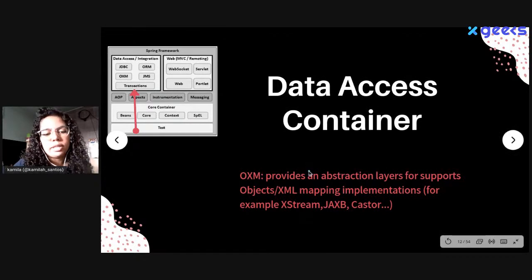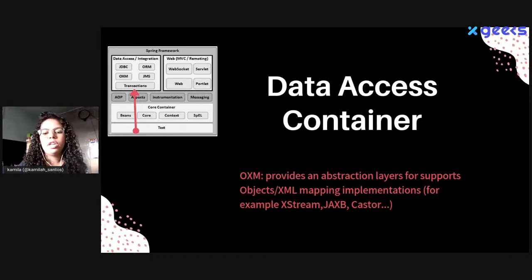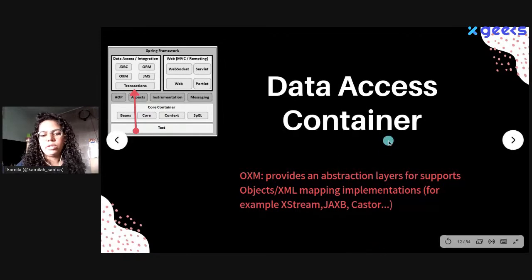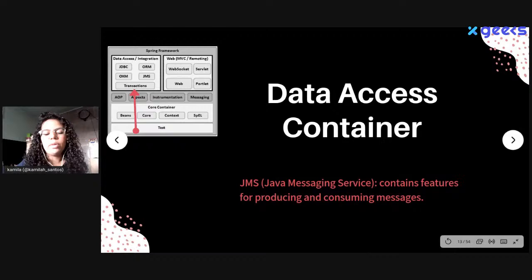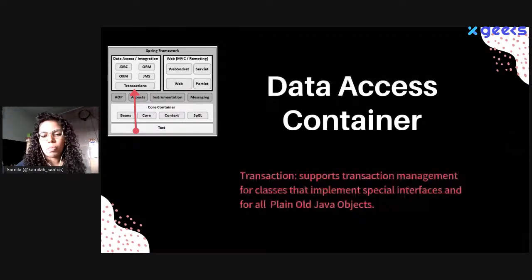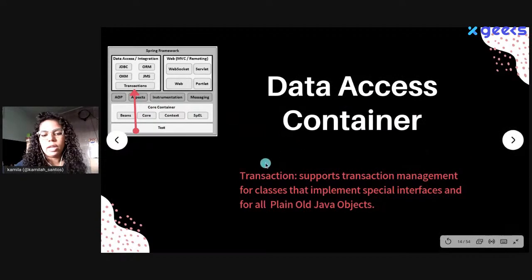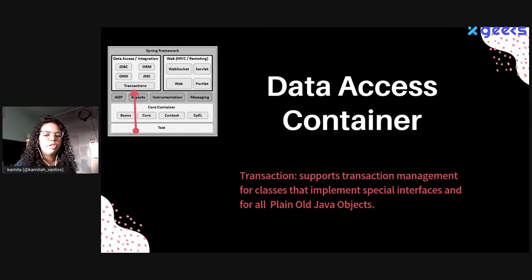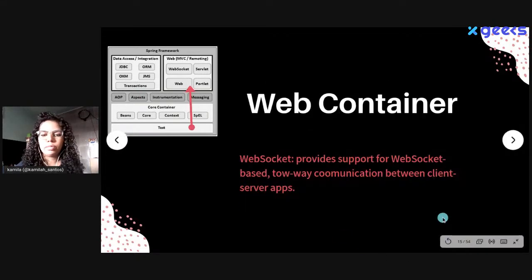We also have the OXM that provides an abstraction layer that supports object/XML mapping implementations, for example, XStream, JAXB, Castor, and others. We also have JMS, Java Messaging Service, that contains features for producing and consuming messages. And lastly, we have the transaction module in the data access container that supports transaction management for classes that implement special interfaces, and for all plain old Java objects.